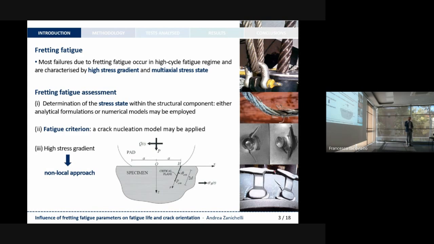That is to say that the stress parameters that have to be employed should be related not to a single material point, but instead to a sort of process zone. Also, the fatigue assessment should be performed at a certain distance from the contact surface. So we need to apply a non-local approach in conjunction with the above-mentioned multi-axial fatigue criteria.